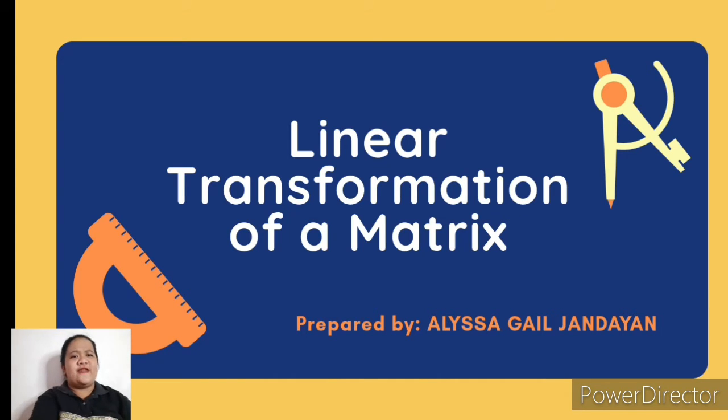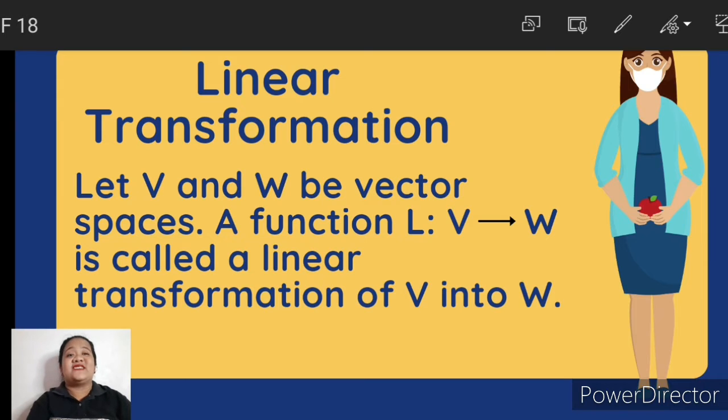So we have here the definition of a linear transformation. Let V and W be vector spaces.